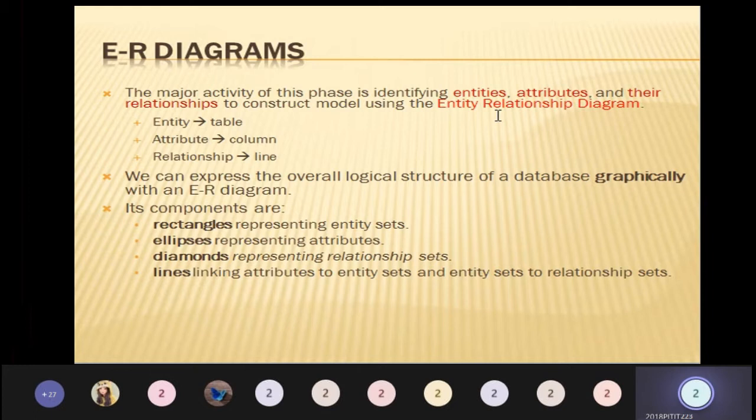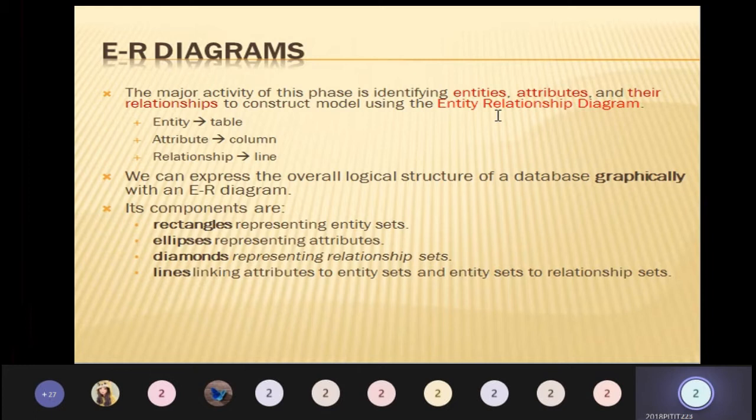When you construct the ER diagram, three things are used: entity, attributes, and relationships. The ER model deploys three basic notations: entity set, relationship set, and attributes. An entity is represented by a table, an attribute is a column, and a relationship is a line.